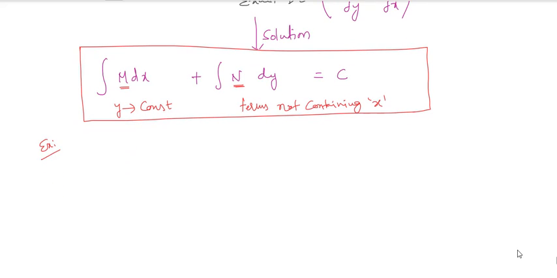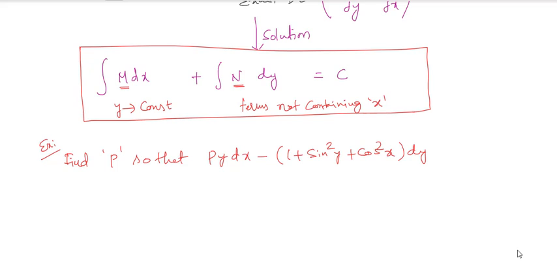Find p so that p y dx minus of (1 plus sine square y plus cos square x) dy is equal to 0 is an exact differential equation.